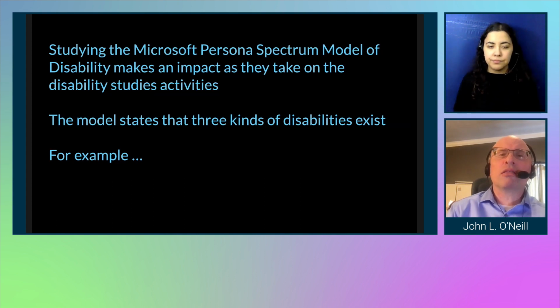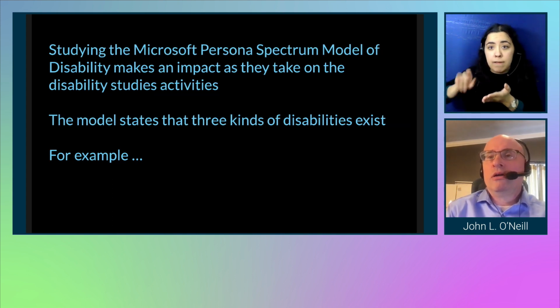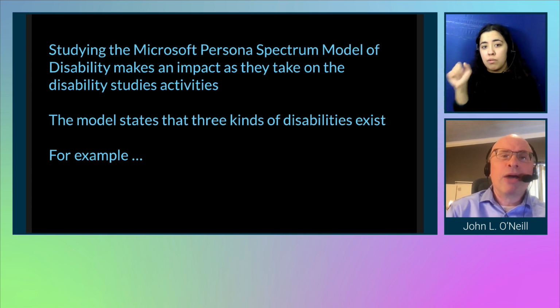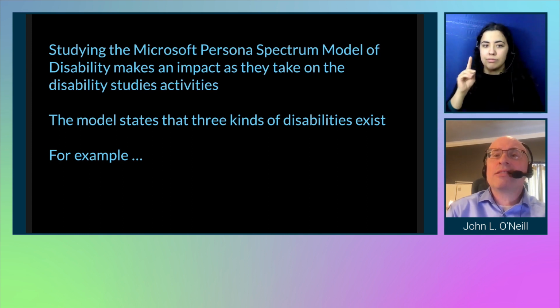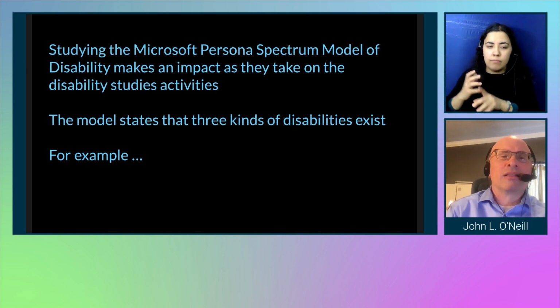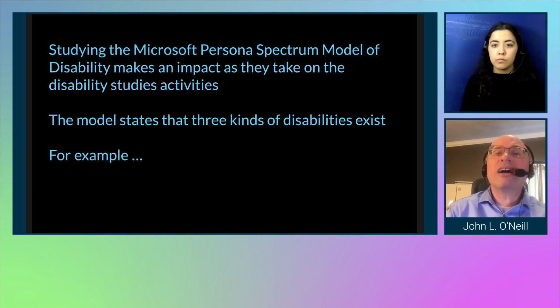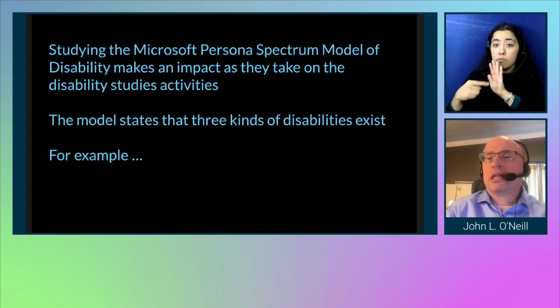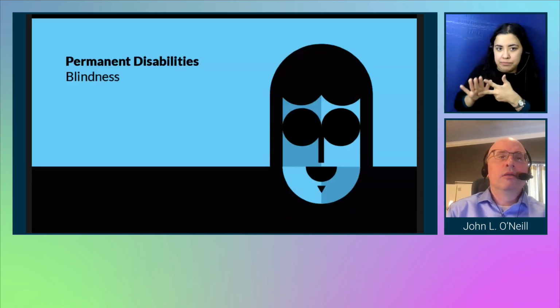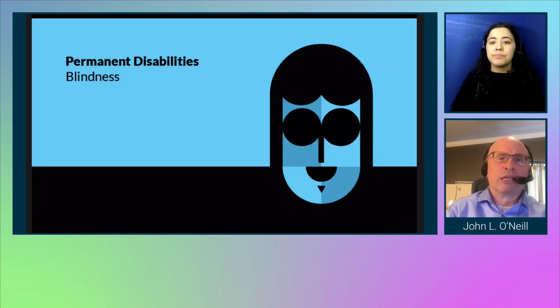Soon, the Microsoft Persona Spectrum model of disability makes an impact as they take on disability studies activities. The model states that three kinds of disability exist. For example, there are permanent disabilities.